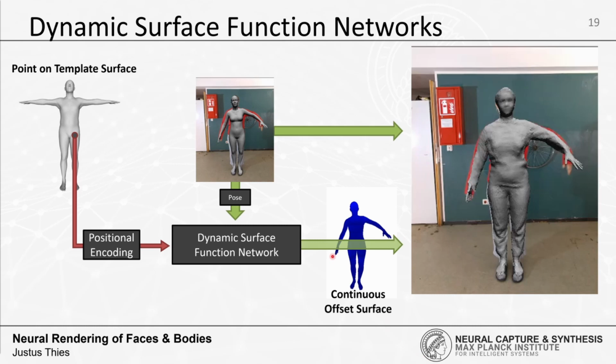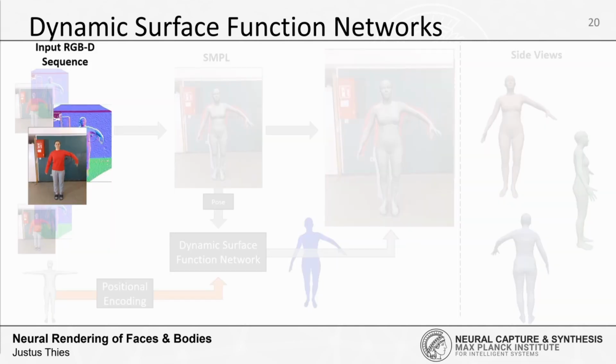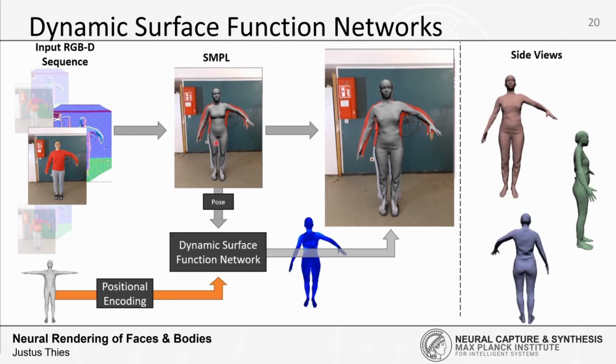The simple model as well as the MLP parameters are optimized in an analysis by synthesis manner. So given the RGBD input, we reconstruct the simple parameters and we optimize the network in parallel.